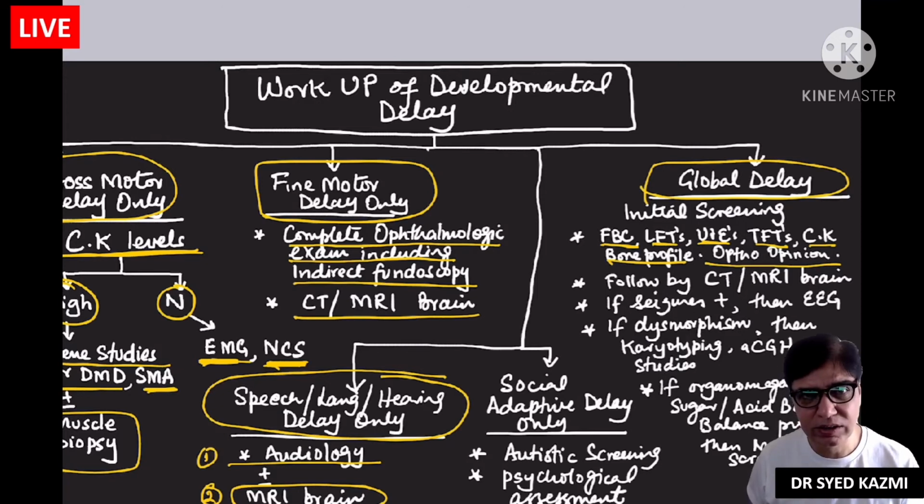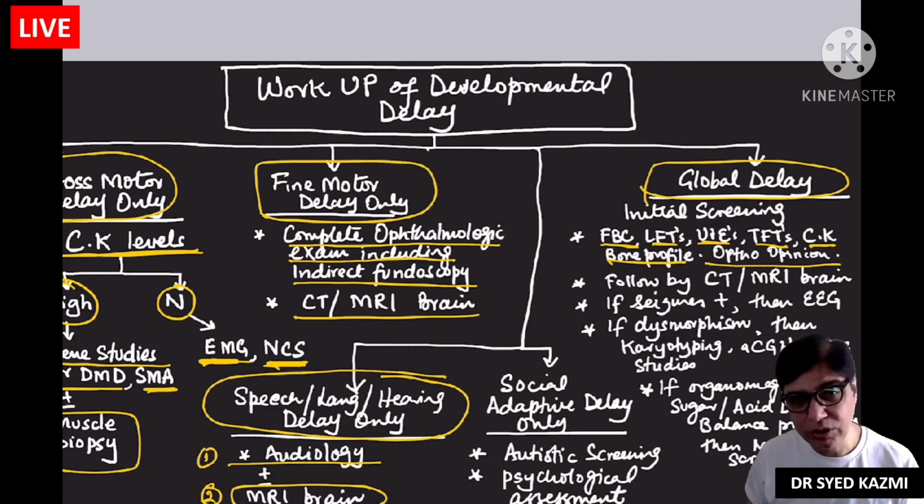Urine electrolytes can give you an idea if the underlying problem is causing issues with sodium, potassium, bicarbonate, acid-base balance, etc. Creatine kinase level obviously can point to any sort of muscular dystrophy as a part of the global developmental delay. Bone profile would give you an idea how strong or weak the bones are, followed by ophthalmological opinion, because some of the metabolic and neurodegenerative diseases have pathognomonic ophthalmological features which can only be picked up by a detailed ophthalmological assessment.